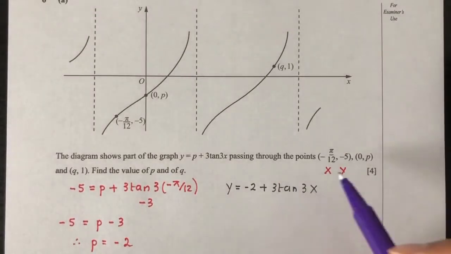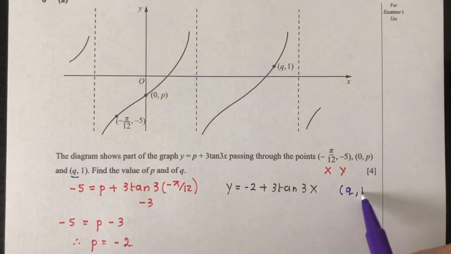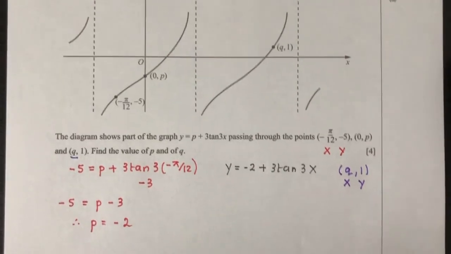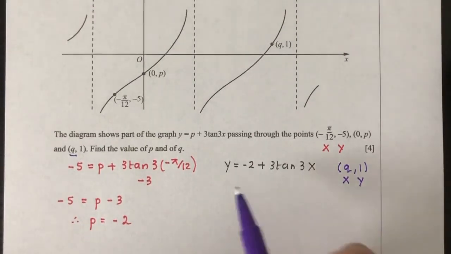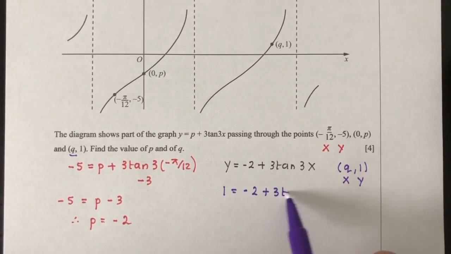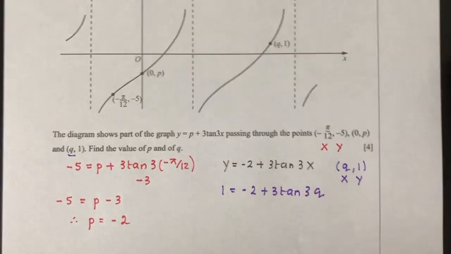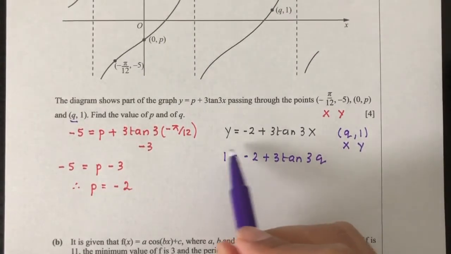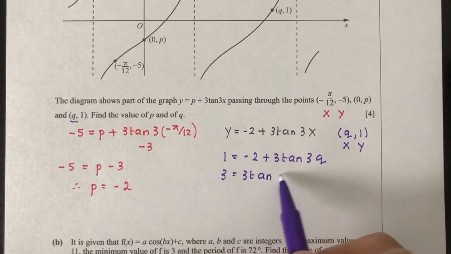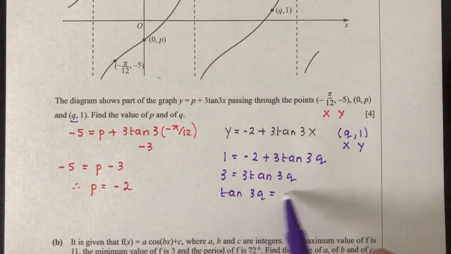But now we have to find the value of Q. So we have to use this point. This is your point Q, 1. That will be your x and your y. Now replace back in the equation. y is equal to 1, so 1 equals minus 2 plus 3 tan of 3Q. Now solve. This will be 1 plus 2, which is 3, equal to 3 tan 3Q. So tan of 3Q is equal to 1.